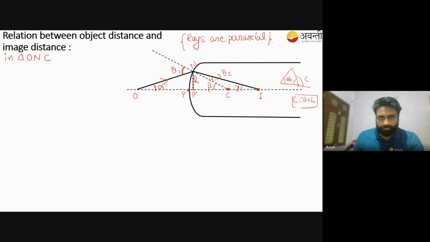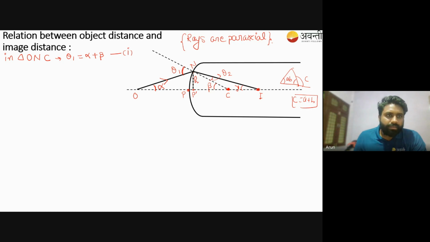Got it? So here I can write theta1 is nothing but alpha plus beta, equation 1. If anyone has any doubt, you can ask right now.